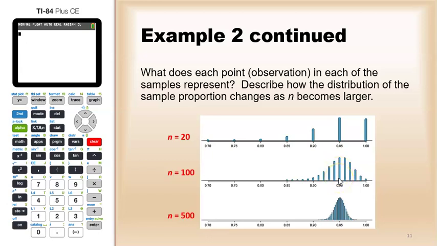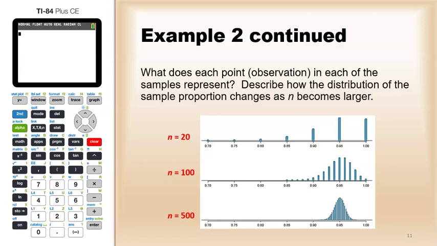So you do something 100 times, you find that proportion of success, do it again, find that proportion of success, and keep doing it until you build up this dot plot. The last one is where you do samples of 500. Again, you do a sample of 500, find the proportion, another sample of 500, find the proportion, and so on.